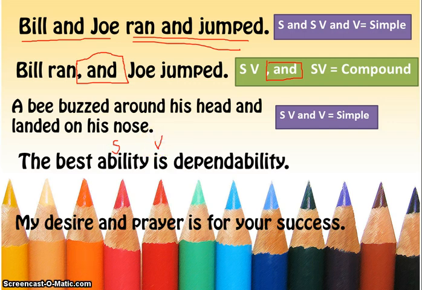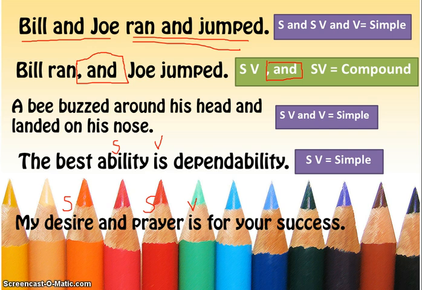Subject, verb is a simple sentence. And then lastly, my desire is my subject, prayer, subject, is my verb. Subject and subject, verb is also a simple sentence. So here you have the only sentence that had a comma and a conjunction. That was my compound. So be very careful with that.